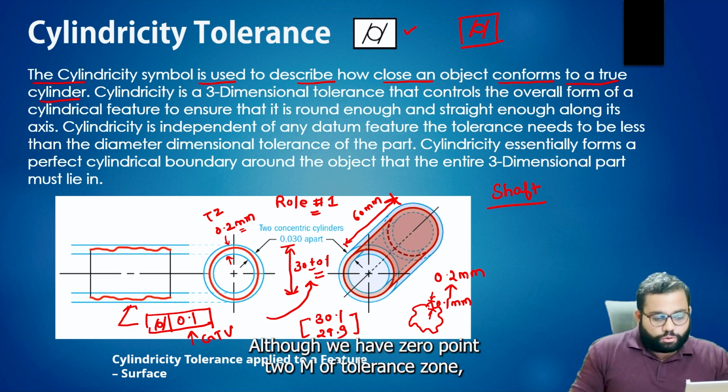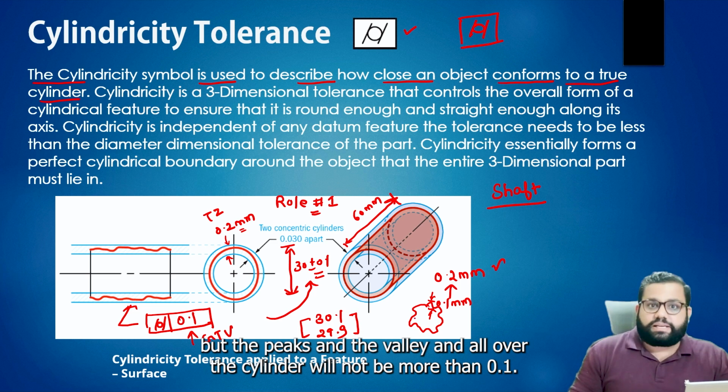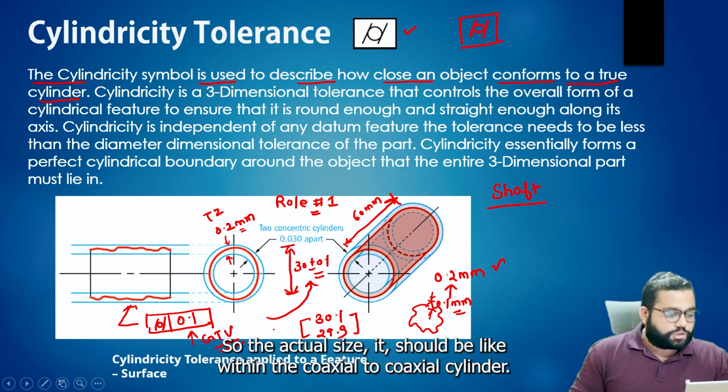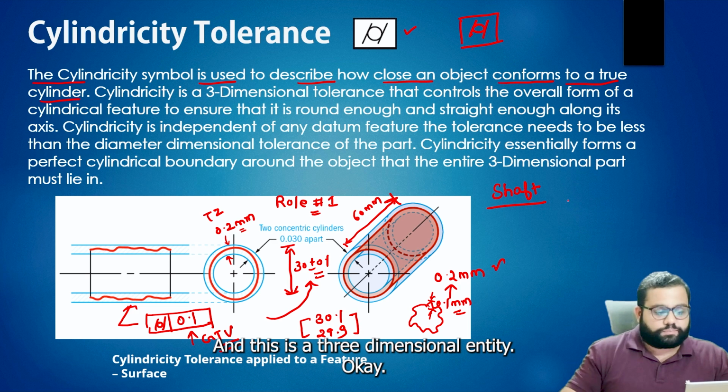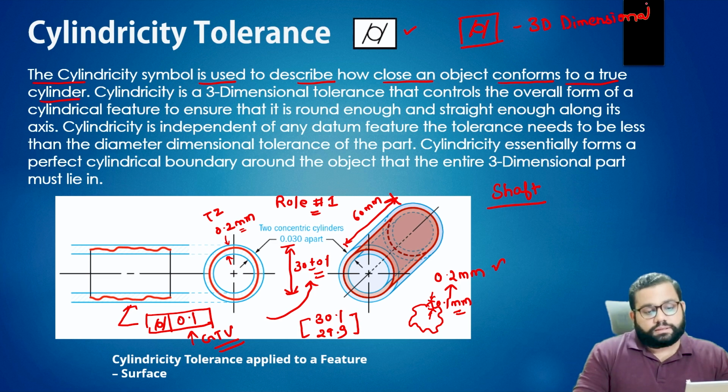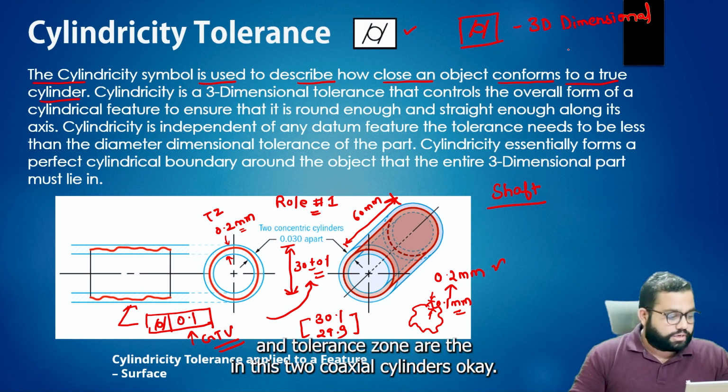Although we have 0.2 mm of tolerance zone, the peaks and valleys all over the cylinder will not be more than 0.1 mm, because we have mentioned it in the geometric tolerance value. So the actual surface should lie within the two coaxial cylinders, and this is a three-dimensional entity. Cylindricity is a three-dimensional tolerance, and the tolerance zone is these two coaxial cylinders.